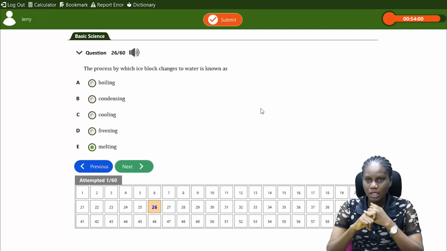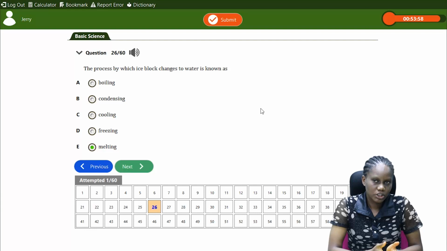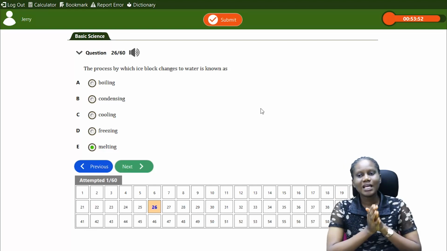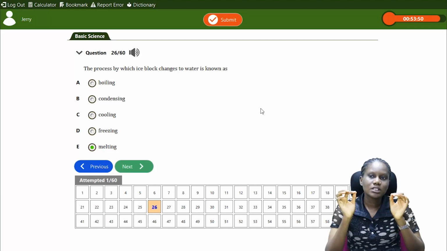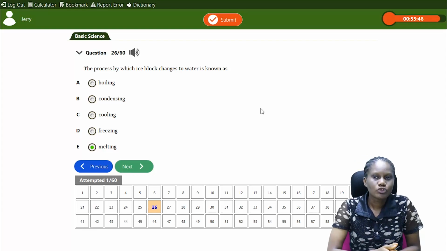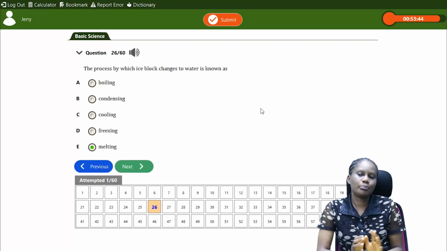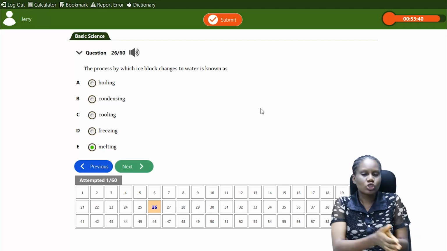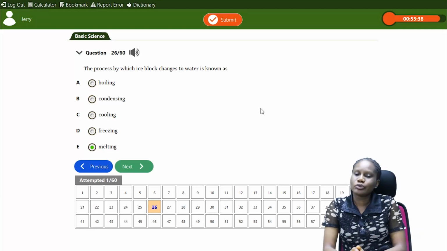One is ice block, and ice block is what? Solid. And it changes to water. Water exists in its free state as liquid. So we are changing from solid to liquid. The process by which a solid is converted into a liquid is known as.